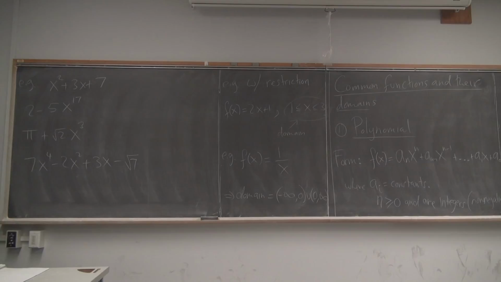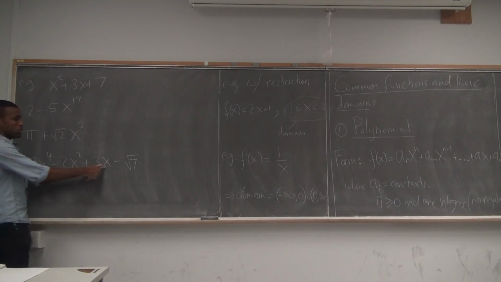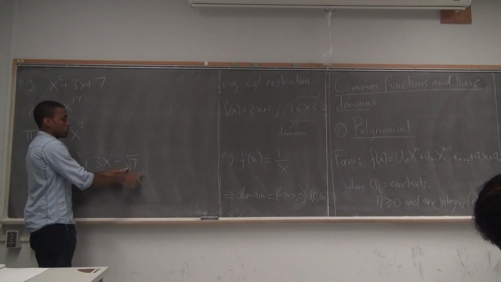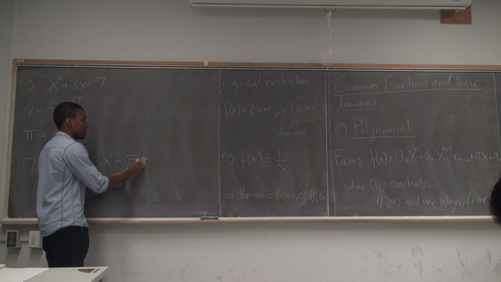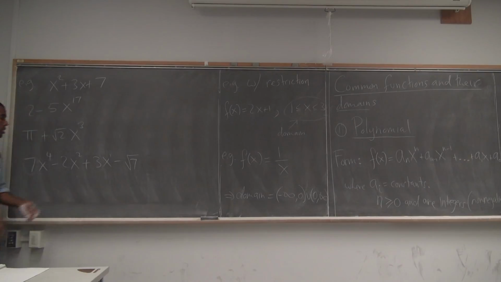Notice that these are coefficients, like an a, an a, an a, but my x's can only take on powers that are whole numbers, positive or 0. So this x has a power 4, that has a power 2, this has a power 1. If you don't see an x, it really has a power 0, but you don't write it, because anything non-zero raised to 0 gives you 1. So these are all examples of polynomials.